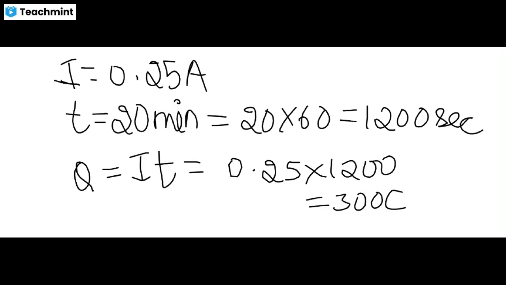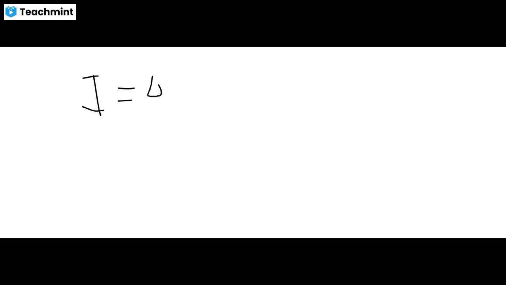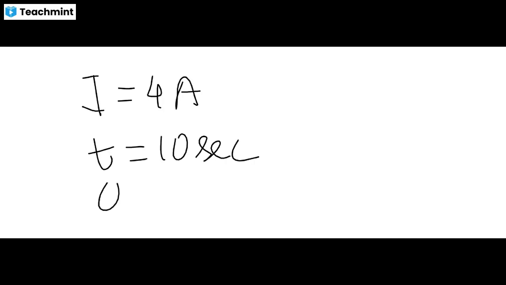I think you can do this for practice purposes. I'll give this question, you can do it later. Current is 4 amperes and the time is 10 seconds. You should calculate the amount of charge.